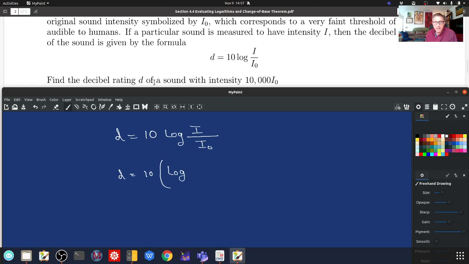And what is our intensity? Our intensity, which is symbolized by I, is given by 10,000 I naught. And that's divided by I naught. How convenient, right? Since it's divided by I naught, those two cancel.